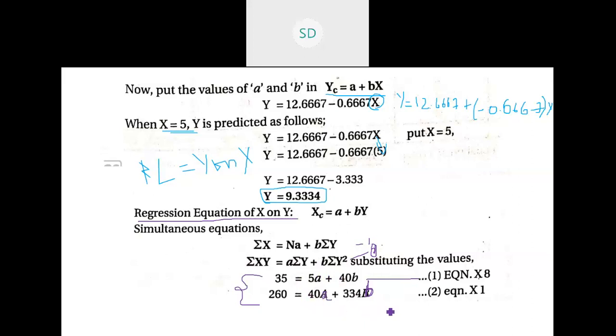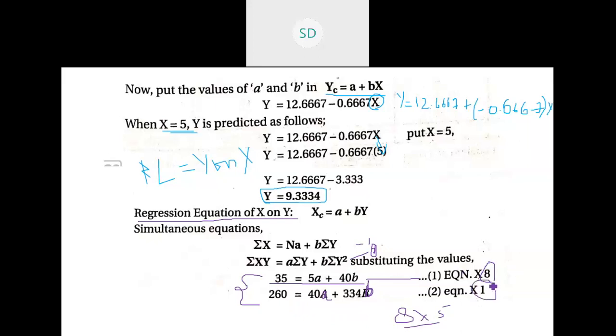So 8 fives, 8 into 5, will give me 40, right? So what I'm going to do is I will multiply this whole equation by 8, so that I will get a 40a here, and I can cancel them together in simultaneous equation. Okay, and for the second equation, since I don't want any changes, I will just multiply that by 1.